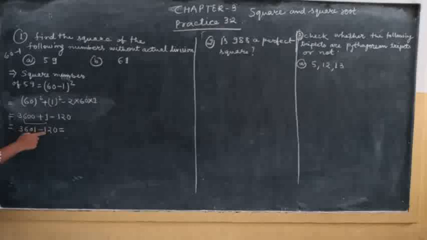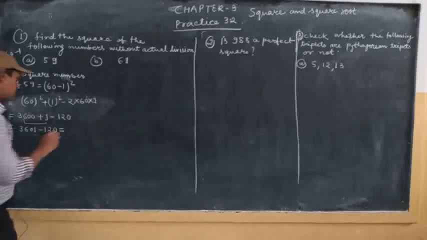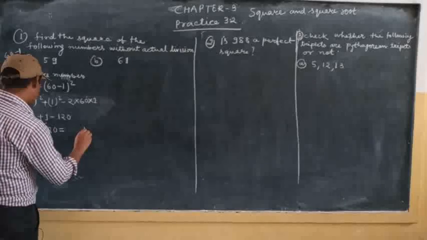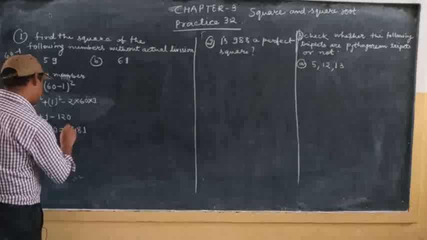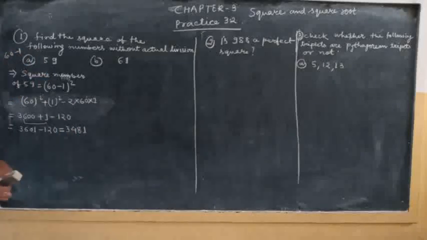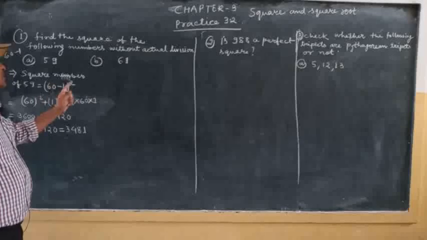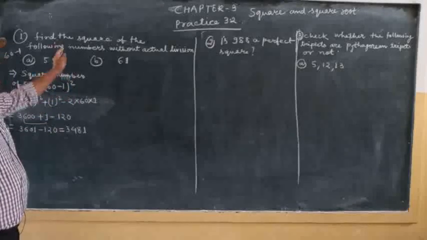After subtracting 120 from 3601, we get 3481. So the square of 59 is 3481.